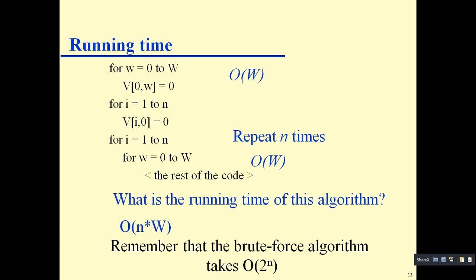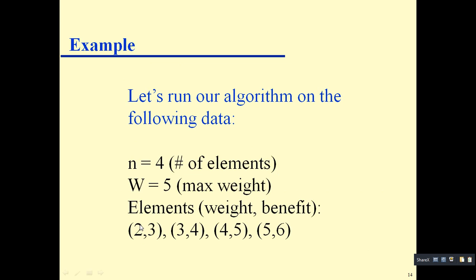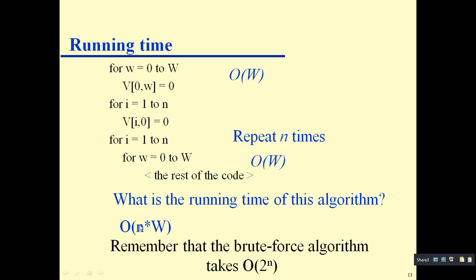W. What is the number of items? N. So the time complexity is order of n into W. For sufficiently large n, this is very small compared to 2 power n. So this is how we are optimizing our 0-1 knapsack problem using the dynamic programming approach.